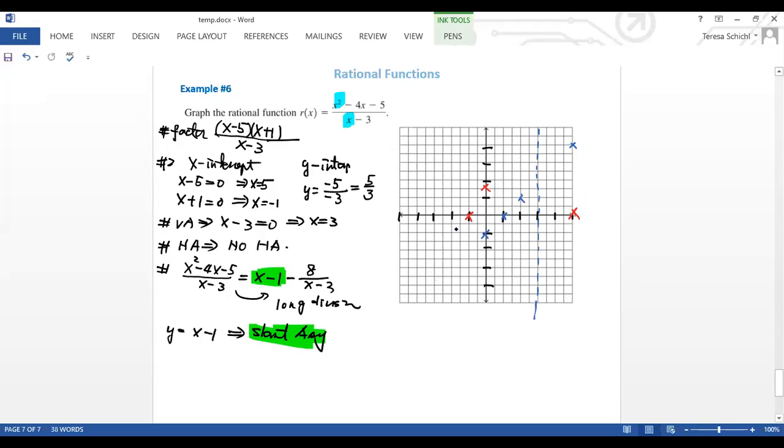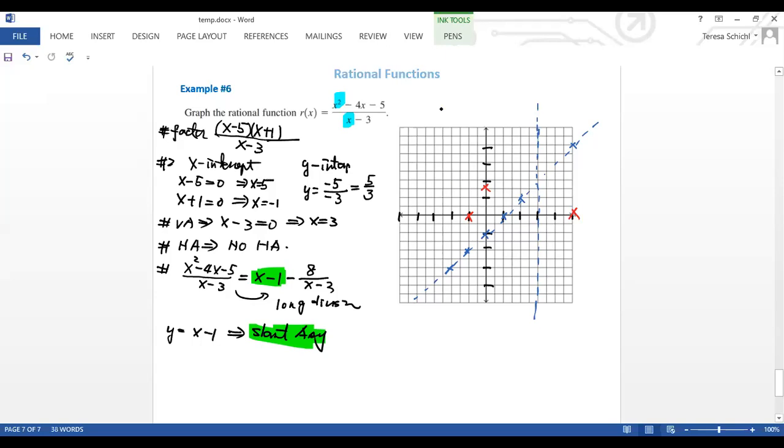When x equals negative 2, y equals negative 3. All right, so you graph this one, the blue line, this is my slant asymptote. So be careful, this is what we call the slant asymptote. That means my graph is going to go like this, right?